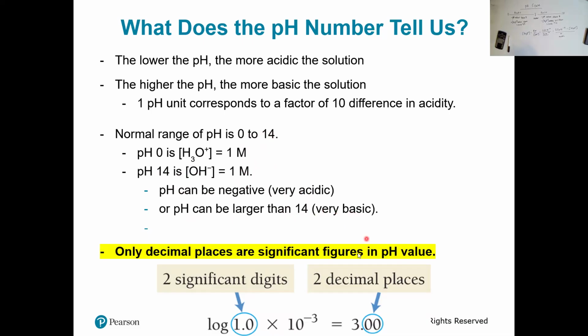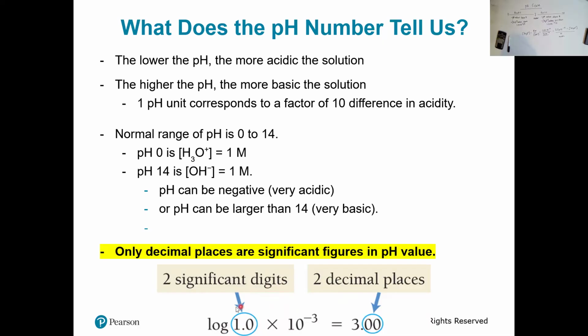All right. And when we're doing our pH calculations, we are going to figure out how many significant figures and decimal places there are based on this relationship here. When we are taking the negative log of the hydrogen ion concentration, we're going to count the number of significant figures in that hydrogen ion concentration.